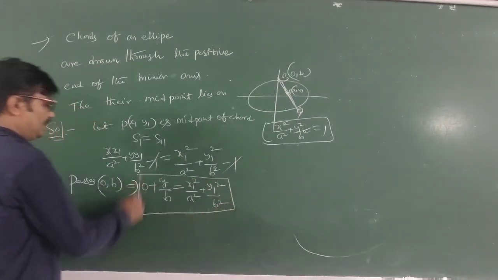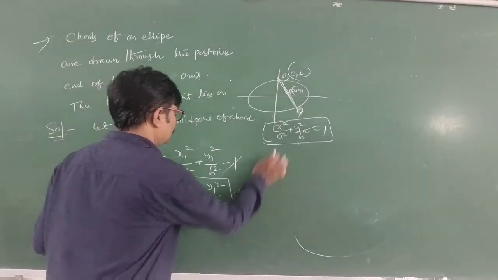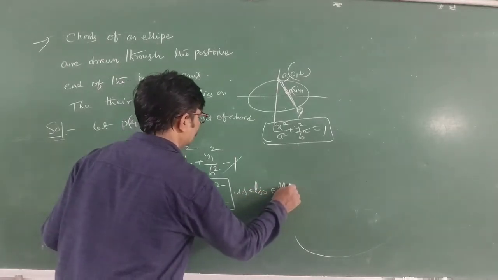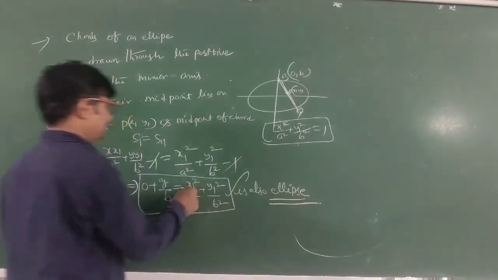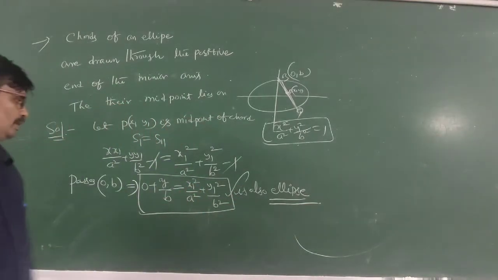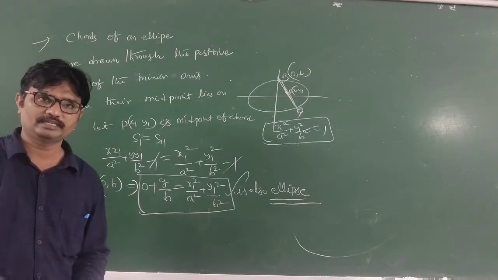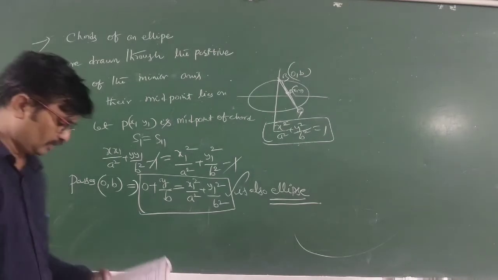Again this is an ellipse. x square by a square plus y square by b square equal to y by b is also an ellipse. Okay students? Now students, another question.